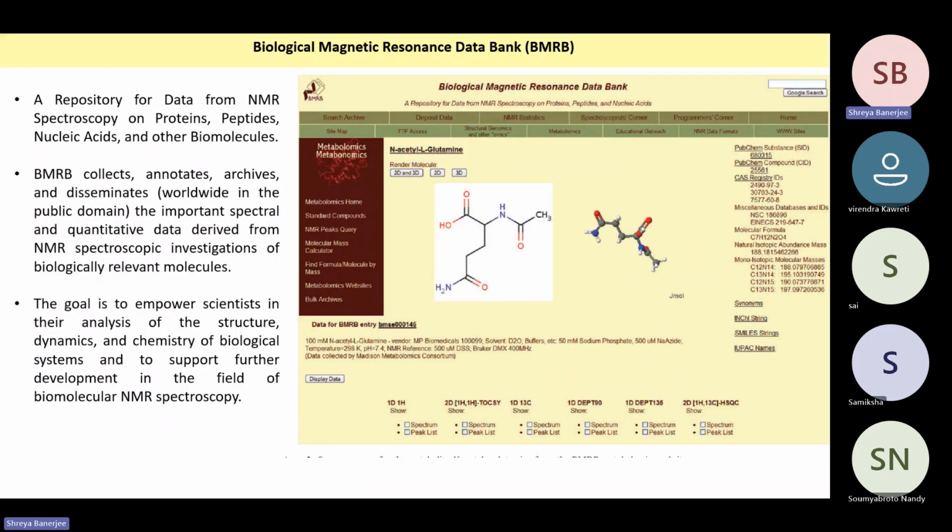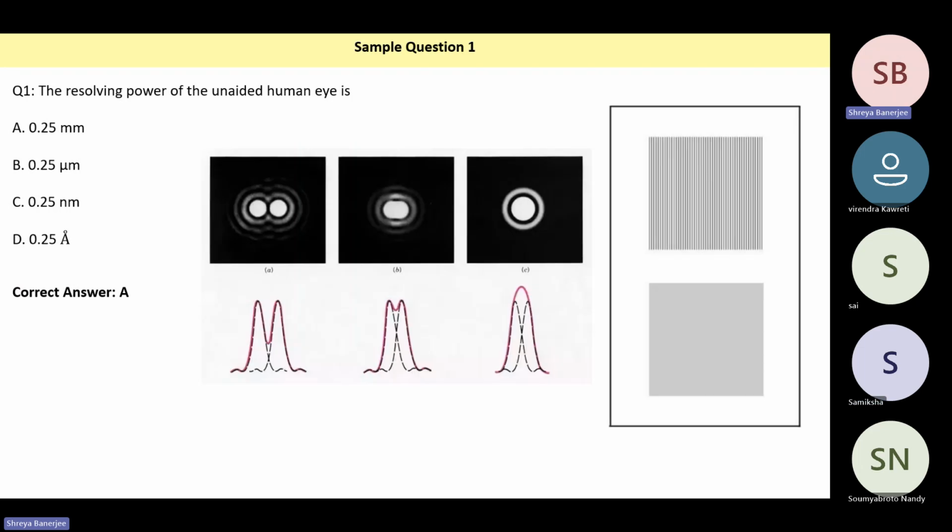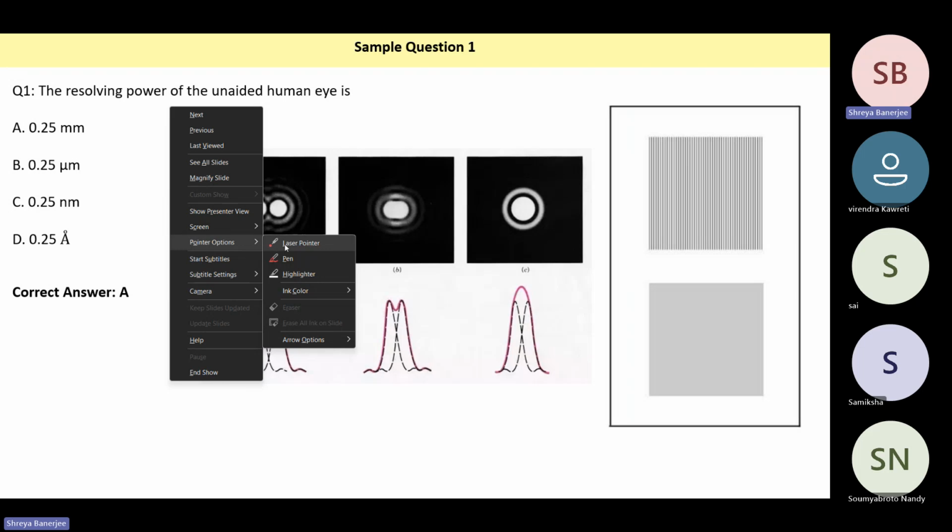Okay. So I'll go into some of the questions now. The first question is asking, what is the resolving power of the unaided human eye? 0.25 micrometer. Oh, sorry, millimeter. Yeah, millimeters. So human resolving power, just to discuss, we covered this in the class.